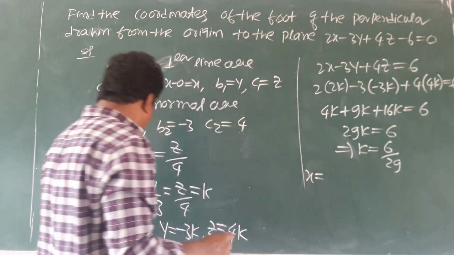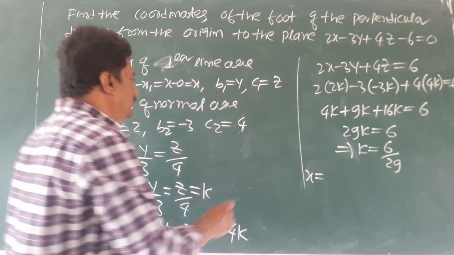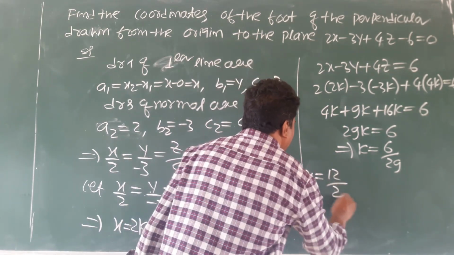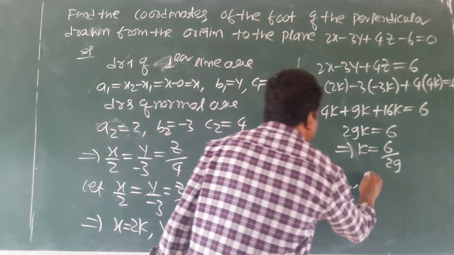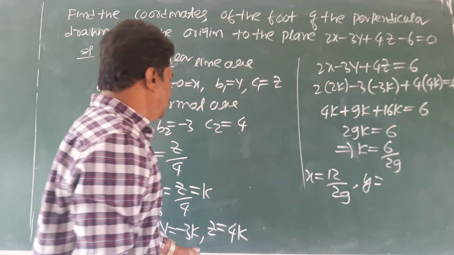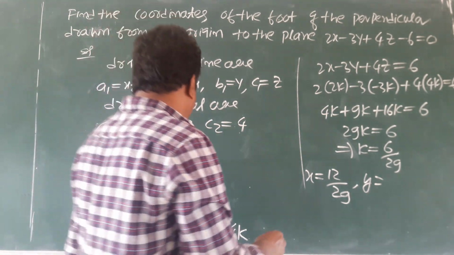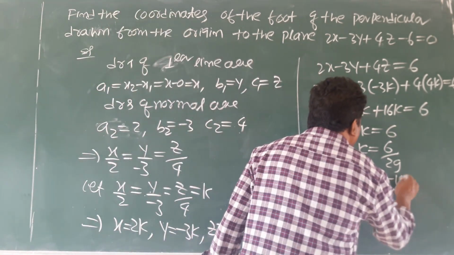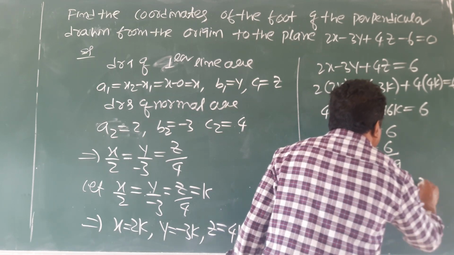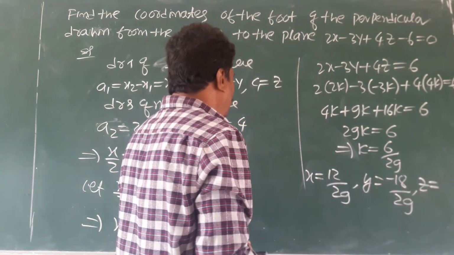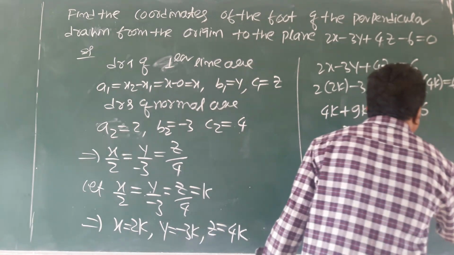X is equal to 2 into 6, 6 2s are 12 by 29. So y is equal to minus 3 into k, 6 3s are 18, minus 18 by 29. Z equals 4k, 24 by 29.